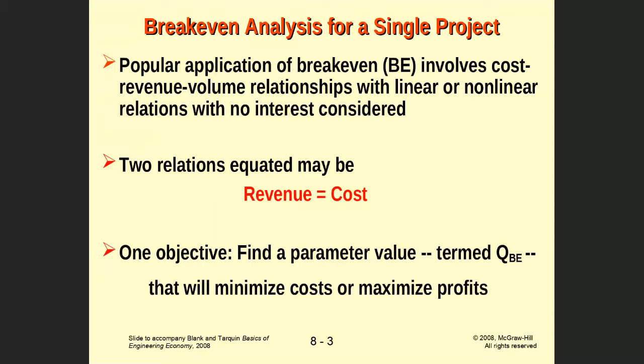And the two relations that we are going to use in the study of the break-even here will definitely be the revenue and the cost. When we find the quantity of the break-even, we can know how to minimize the cost and maximize the profit. Because if you know the production level that you need to maintain so your cost equals your revenue, then you can easily determine the number of production that you need to target so you can have profit at the end of the year.